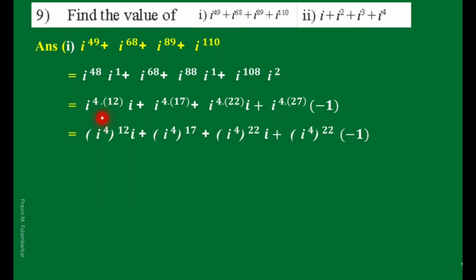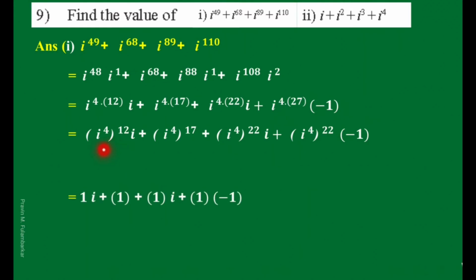So we write i raised to the power 4 into 12 as i raised to the power 4 its power 12, i as it is. i raised to the power 4 into 17 as i raised to the power 4 raised to the power 17, plus i raised to the power 4 raised to the power 22 into i as it is, plus i raised to the power 4 raised to the power, here is a print mistake, here it is 27, minus 1 as it is.